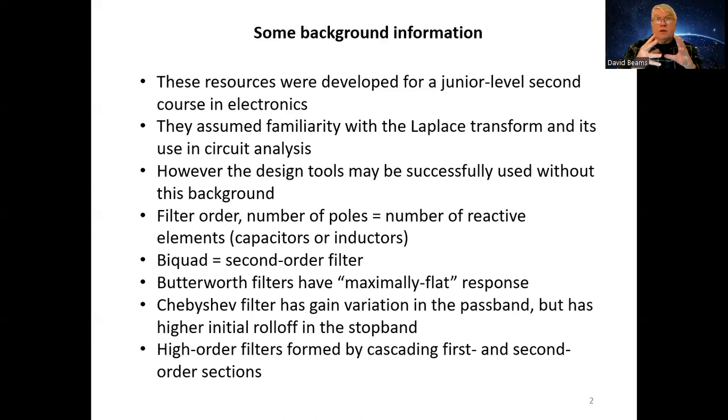Explicitly, we combine second order sections and, if necessary, to make an odd order filter, one first order section. So a fifth order filter would consist of two second order sections cascaded with a first order section, and say a fourth order filter would be two second order sections.